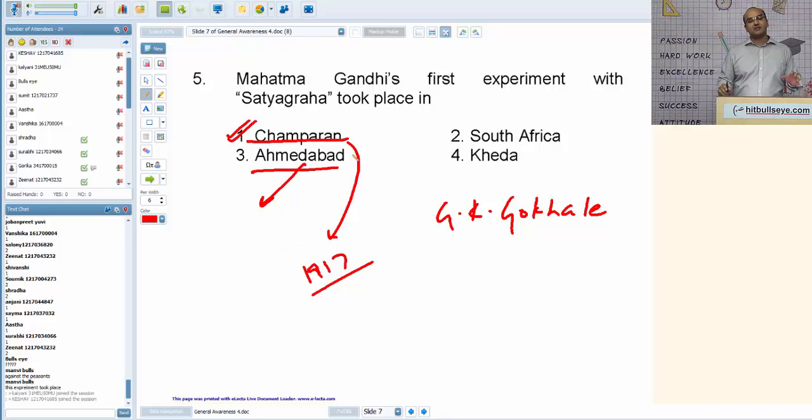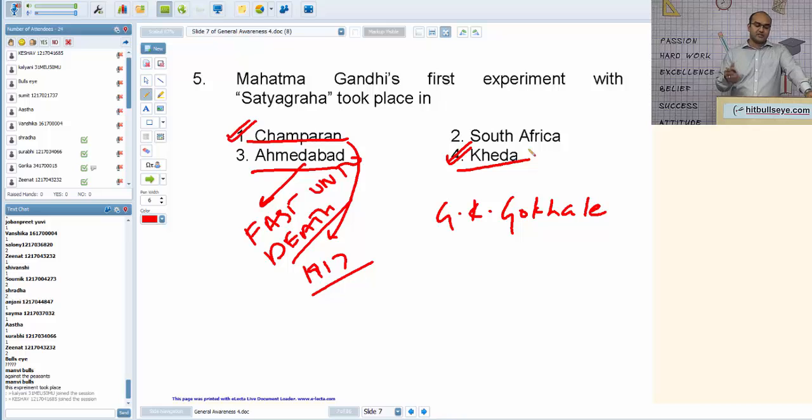The textile mill workers were protesting, they wanted greater wages. Mahatma Gandhi went over there and did a protest. Ahmedabad is the first time that Gandhi took a fast unto death. And then the third Satyagraha that he did was in Kheda, that is in Gujarat. So first Champaran, then Ahmedabad, and then Kheda.